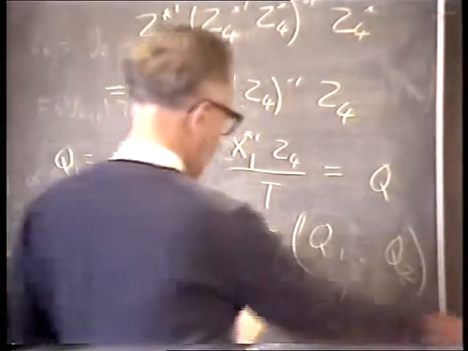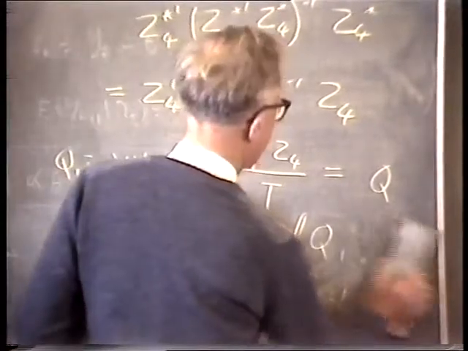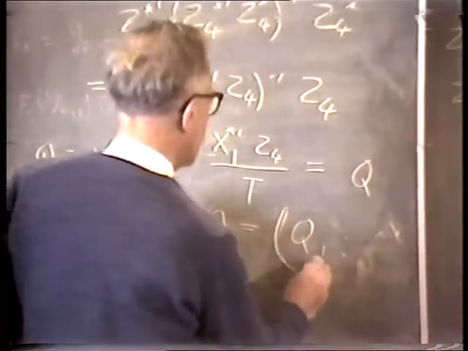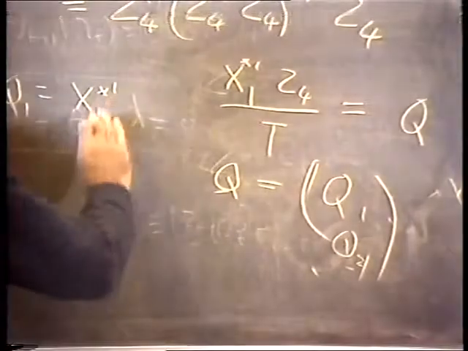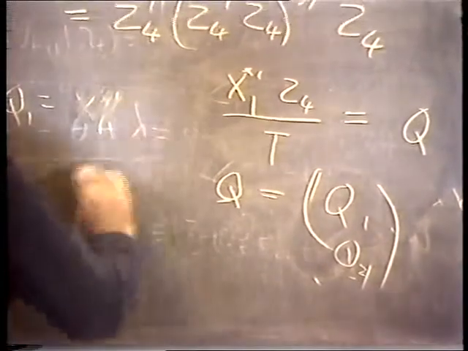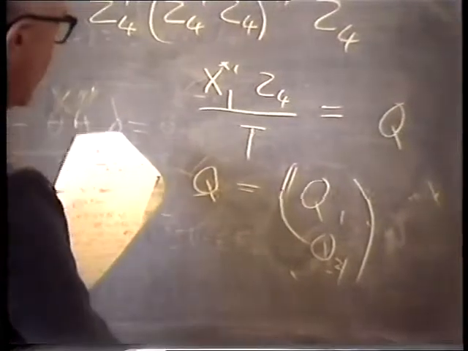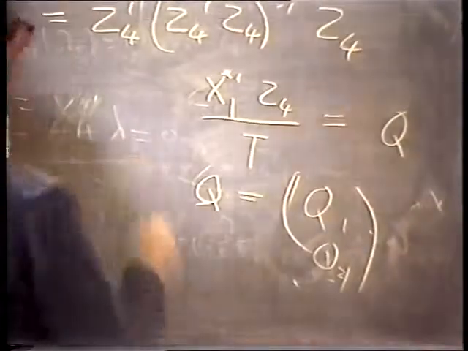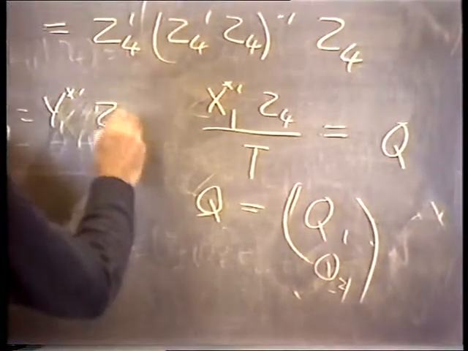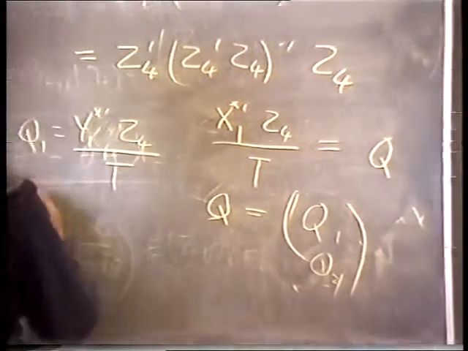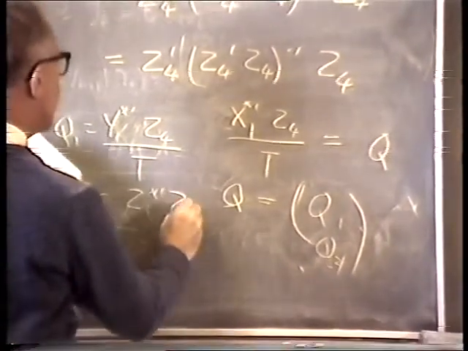I'm sorry. That should be Q1, Q2, because I'm now wanting to distinguish between X1 star equals Y1 star, Z1 star, and so Q1 is going to be Y1 star prime Z4 upon T. Q2 is going to be Z1 star prime Z4 upon T.